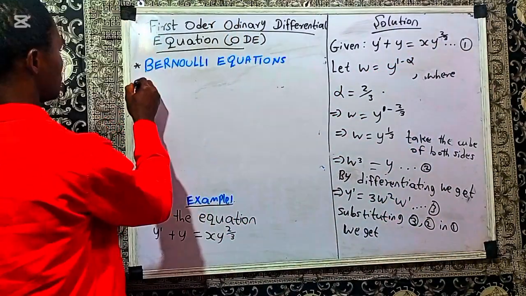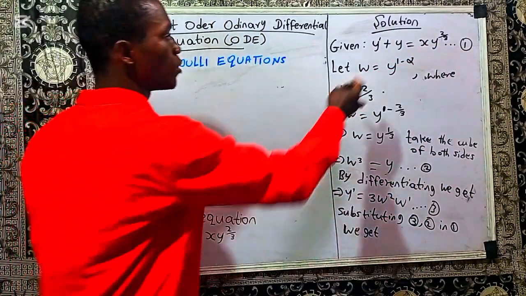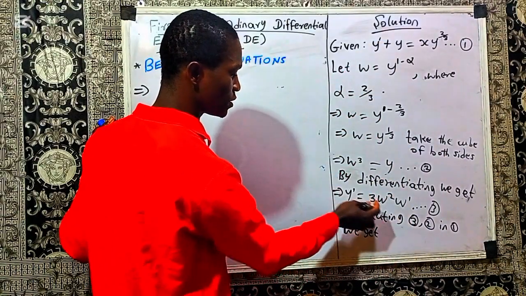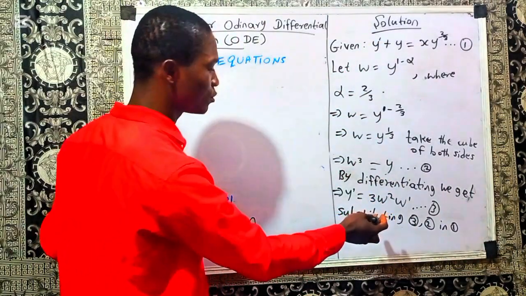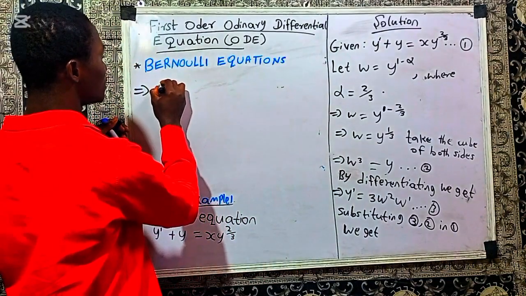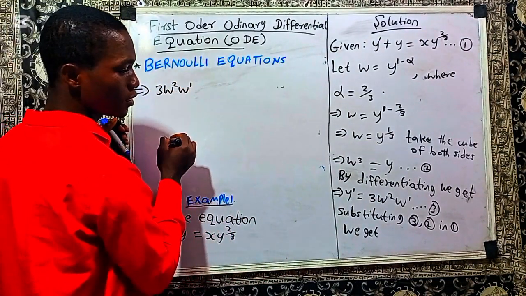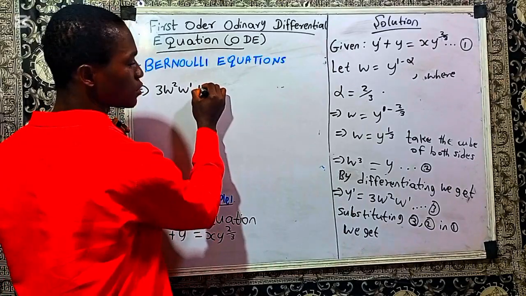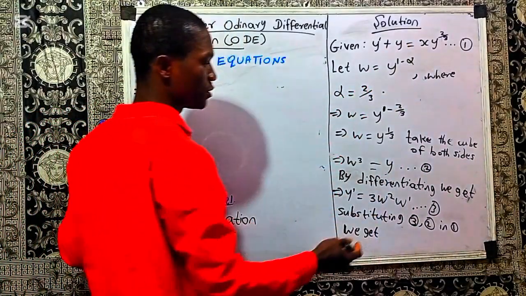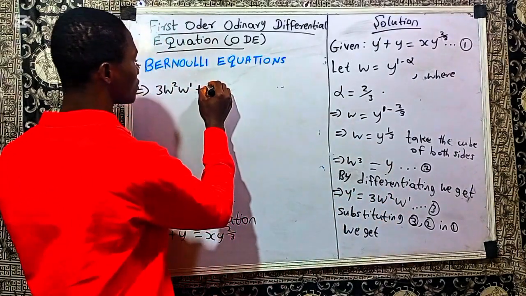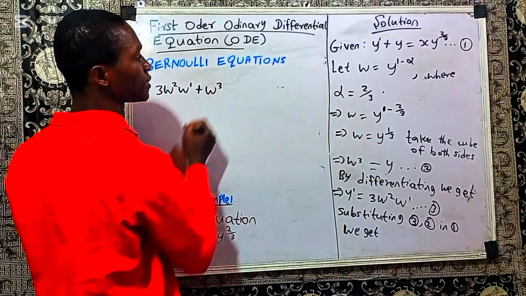Let's substitute. We are going to remove y prime and replace it with this, because I've gotten it in terms of w. So y prime is now 3w raised to power 2 w prime, plus y. What is y? From equation 2, y is w raised to power 3.